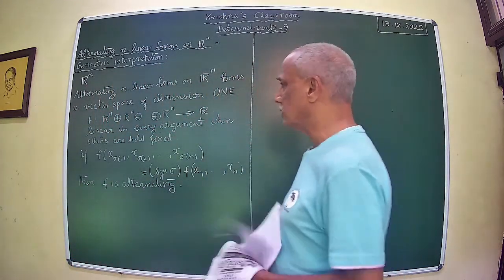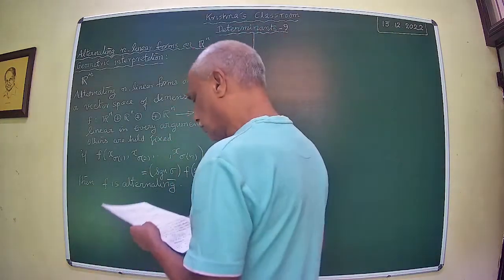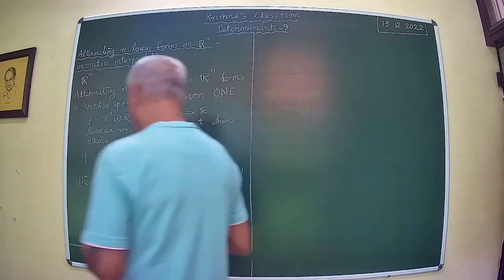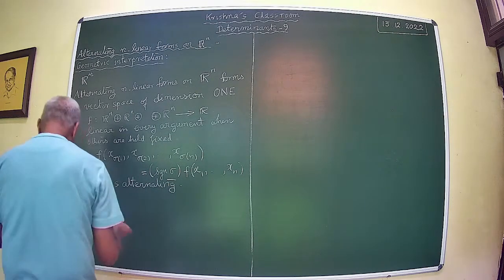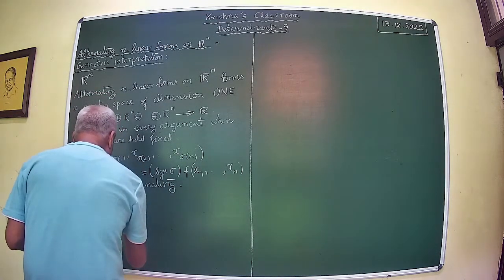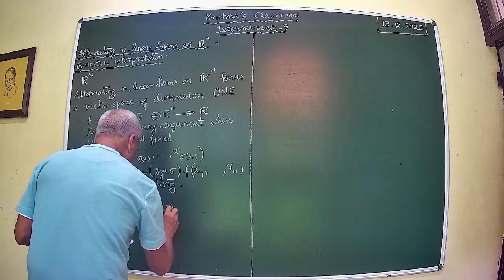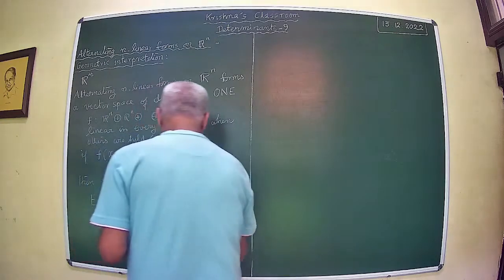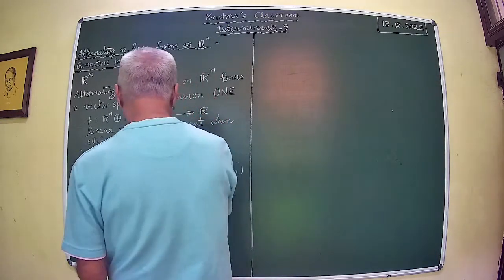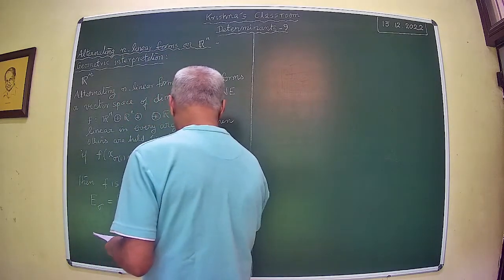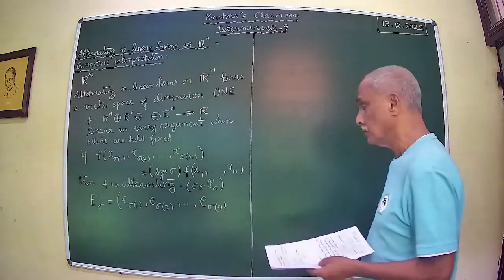Now we shall introduce some notations which we had been using and which are useful also for our purpose. So let us denote by E sigma 1, E sigma 2, here sigma is a permutation, up to E sigma n.